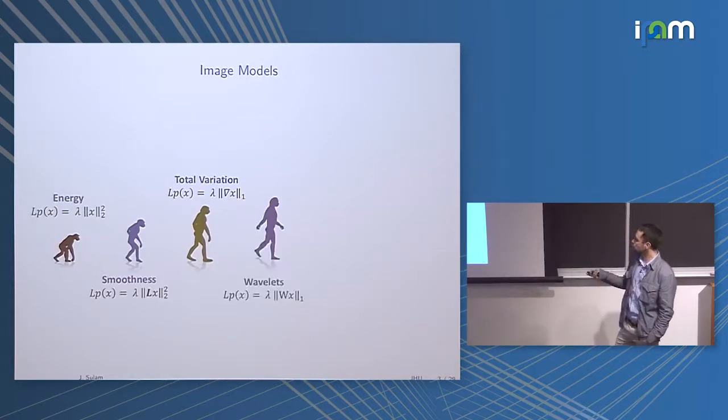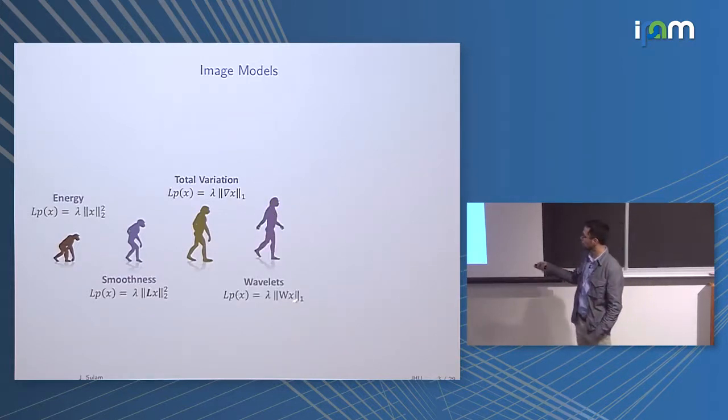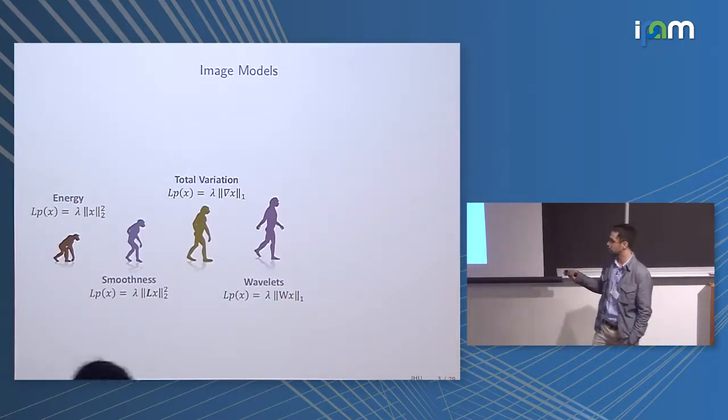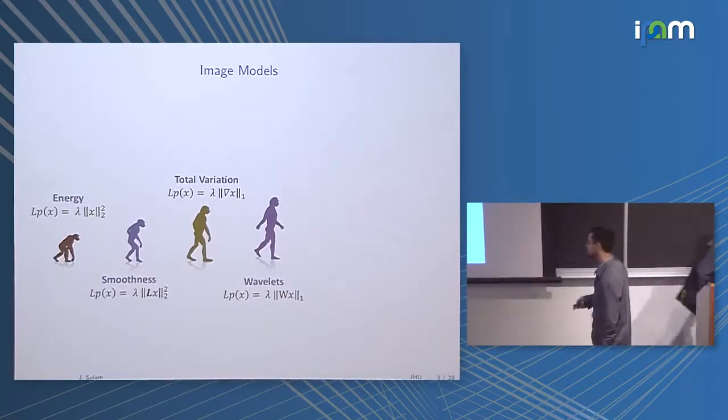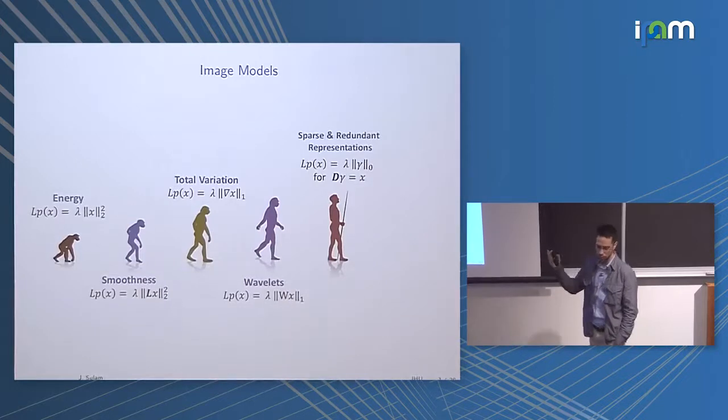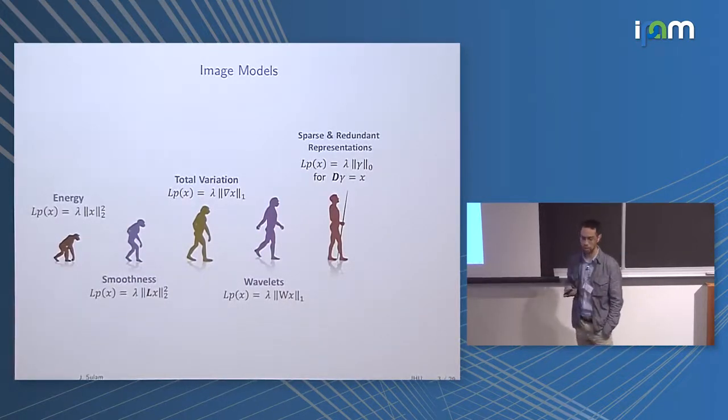And then you could also impose some unitary transformation and impose an L1 on the coefficients. So you're imposing sparseness on, for example, the wavelet coefficients. And then this was generalized by the idea of sparse and redundant representations, which is basically what I'm going to be focusing my talk on.